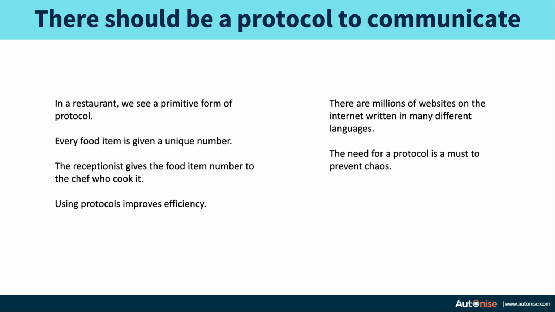So the receptionist takes the food item number and passes it on to the chef, who then cooks it and sends it back. So they start following a protocol to efficiently communicate between each other. Also, everyone on the team, the waiter, the receptionist, the cook, everyone must understand these protocols so that they can communicate efficiently.